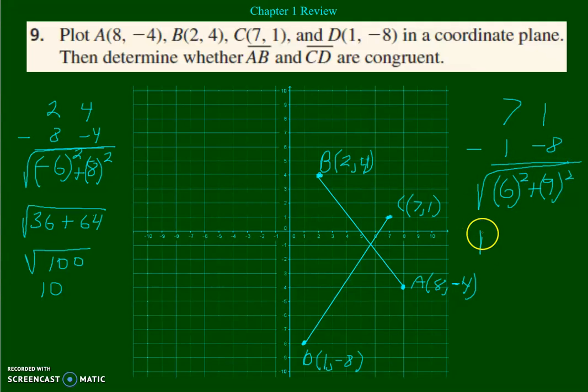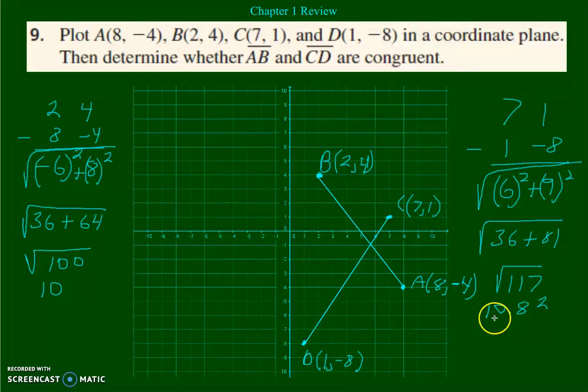So here we have the square root of 36 plus 81, which is the square root of 117, which is approximately 10.82. And so we can say no, they are not congruent, because congruence means they have equal lengths, so these are not equal in length.